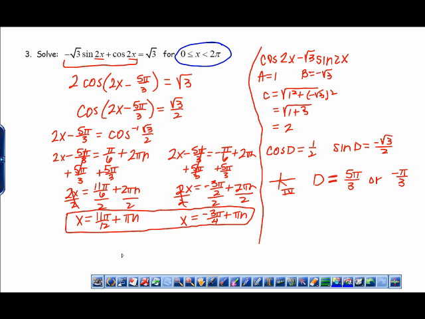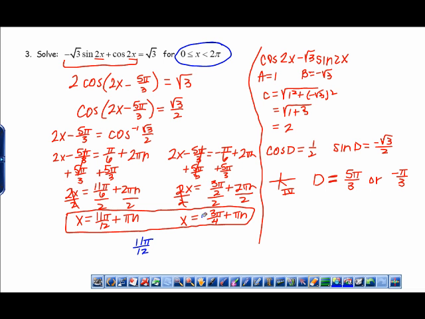If you think about it, and I write down 11 pi over 12, that's actually not my first value. I'm going to go ahead and write it down though, because it is a value. But I just realized that that's not a negative. I'm catching my mistakes left and right.